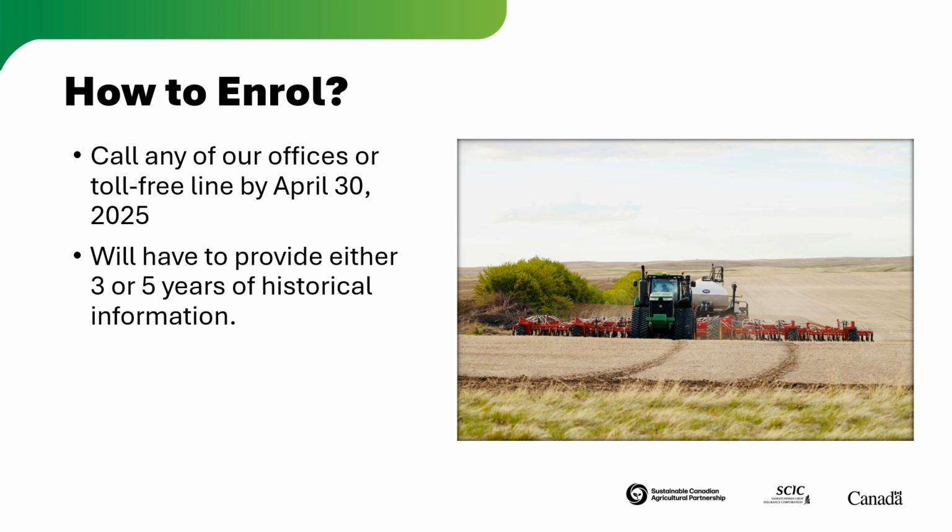So just keep in mind, the 3 prior years is easy to submit, and maybe those were really good years, and that could help your reference margin. However, if those 3 previous years weren't so good, you might consider and want to submit all 5 years of history just to bring up your coverage for that reference margin.